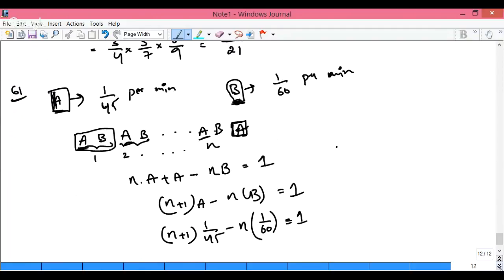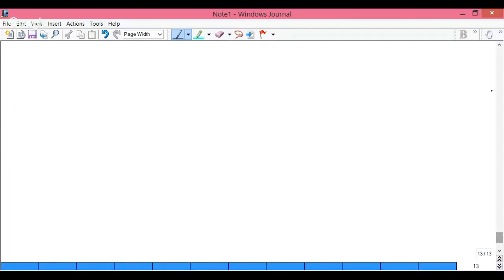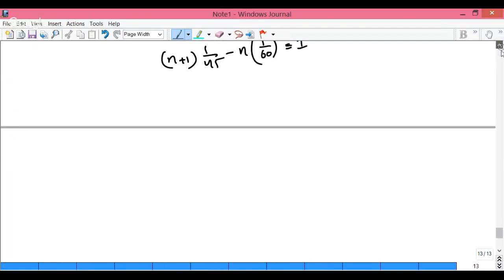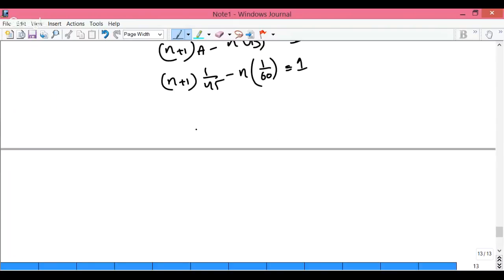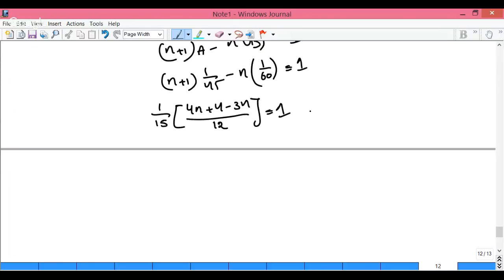So when you simplify this, 1 by 15 into (4n plus 4 minus 3n) divided by 12 must be equal to 1. You can do the simple calculation from here.